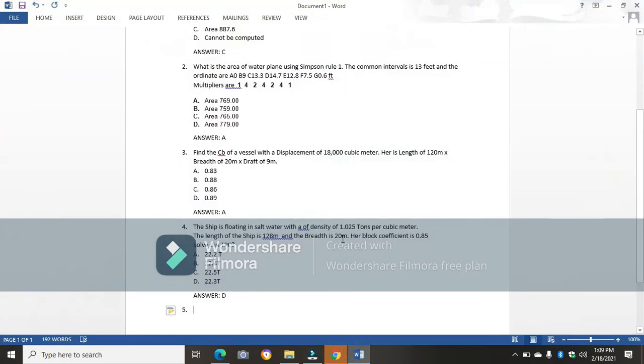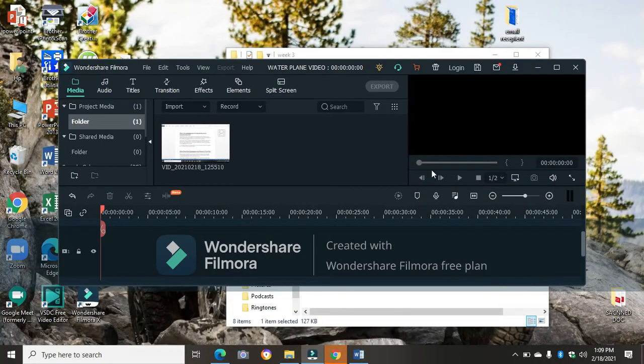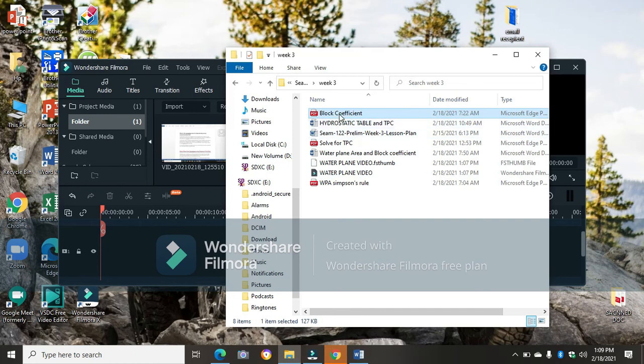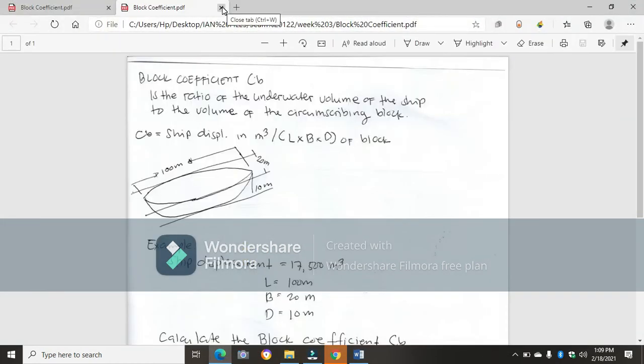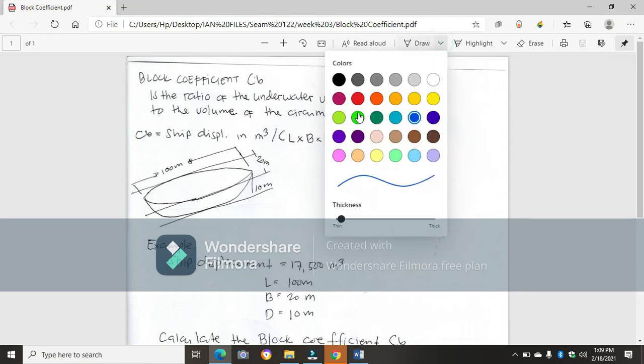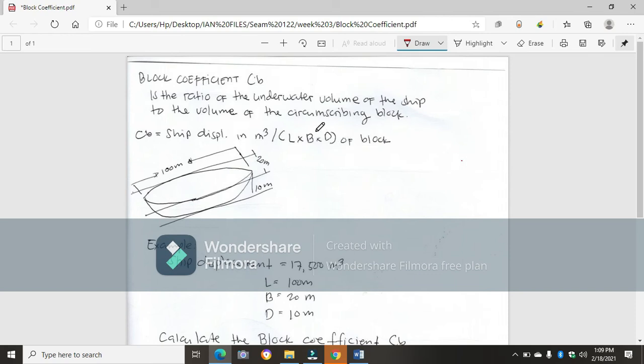Okay. So I am now going to discuss the block coefficient. So block coefficient is the ratio of the underwater volume of the ship to the volume of the circumscribing block. So this is the circumscribing block.